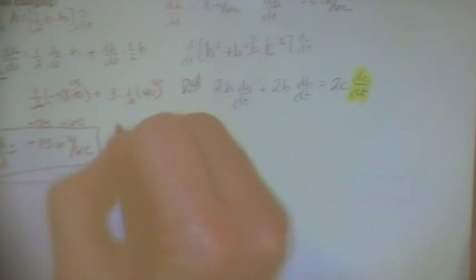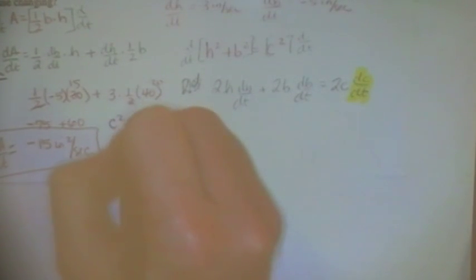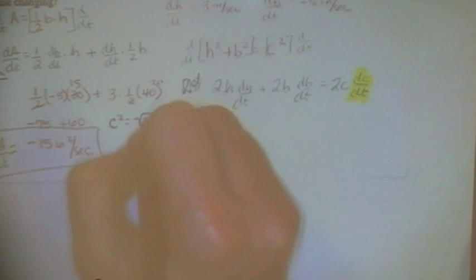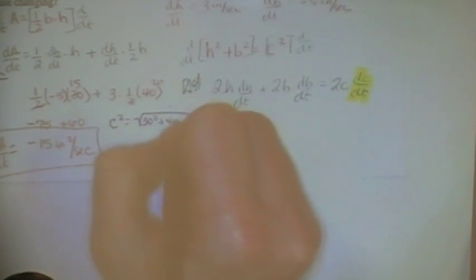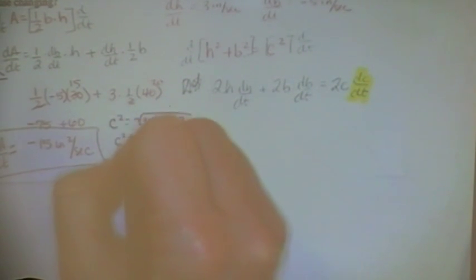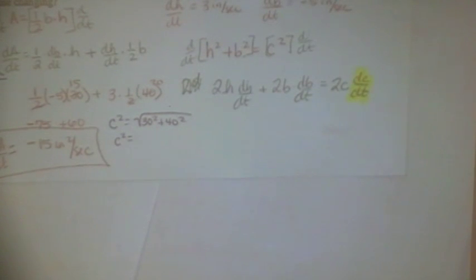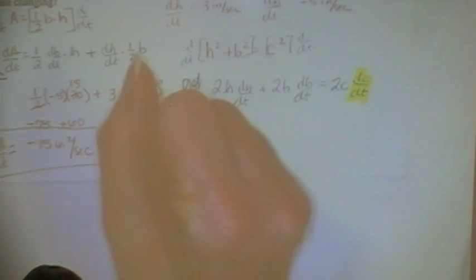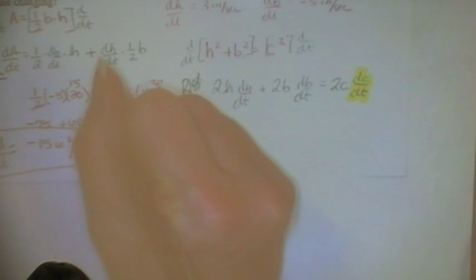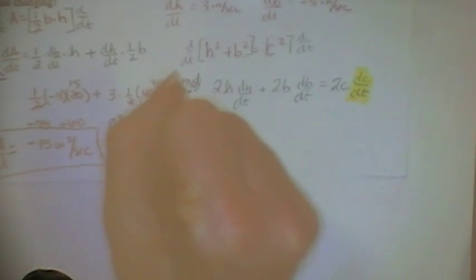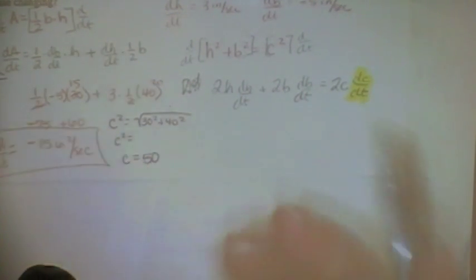So real quick, c equals the square root of 30 squared plus 40 squared. I have no idea if that comes out or not. Oh, it's a Pythagorean triple. C comes out to be 50, because that would be a 3, 4, 5.